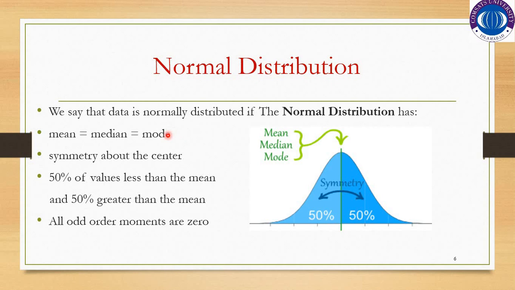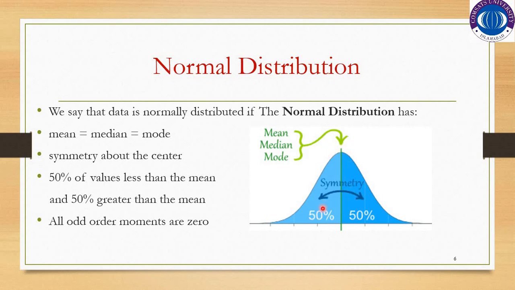All these measures of central tendency should be equal, at the center of the data, and symmetric about the center. 50% of values are less than the mean and 50% greater than the mean, as we know that the normal distribution is bell-shaped and its mean, median and mode lie at the center, at the peak right over here.